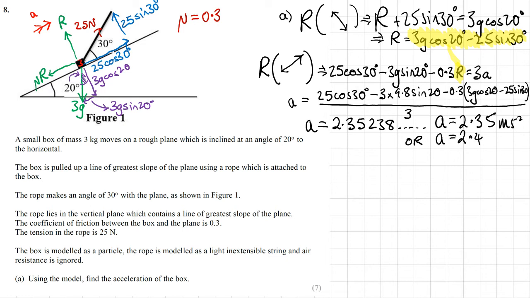So this is the only time you would be allowed to round to 2 significant figures and not be penalised, and that is when you're using g equal to 9.8 in your question. But if you always round to 3 significant figures, you're always going to be fine in terms of giving an answer.